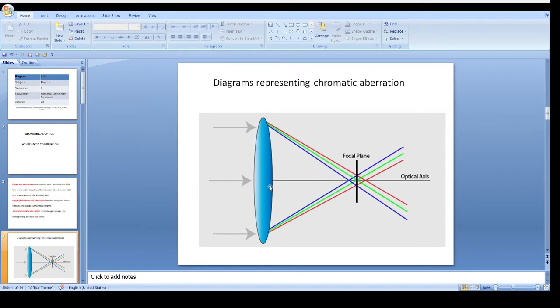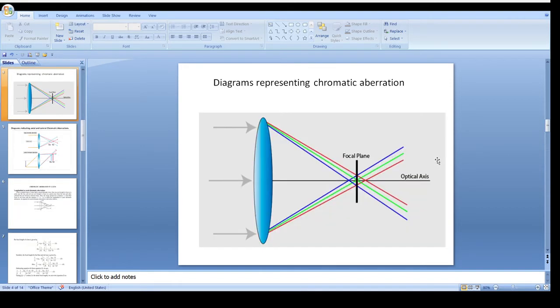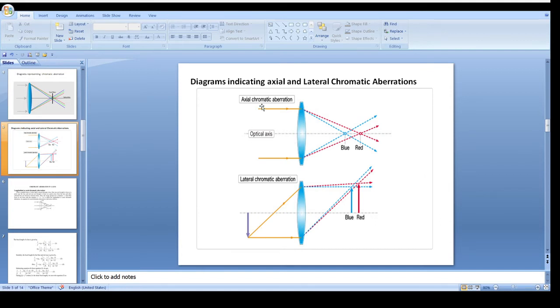White light is passed through the lens, with focal points for blue and red. This is the AB focal plane. The parallel axis of the white light is passed through the lens, with the focal point of blue and the focal point of red.